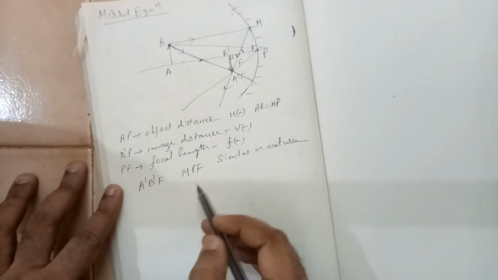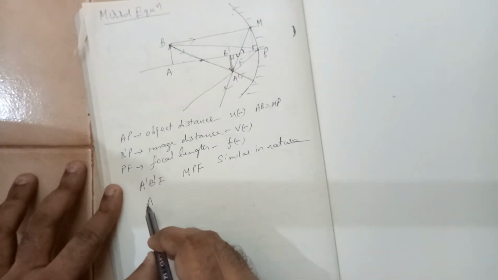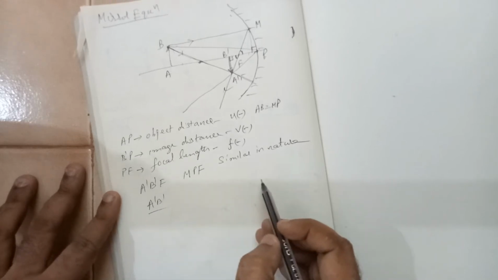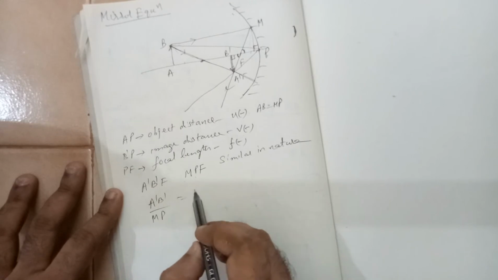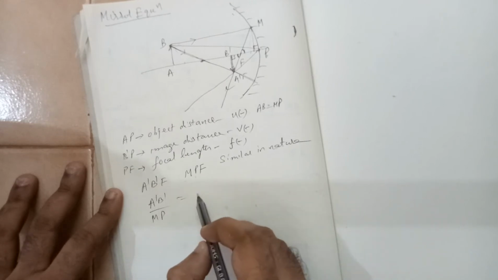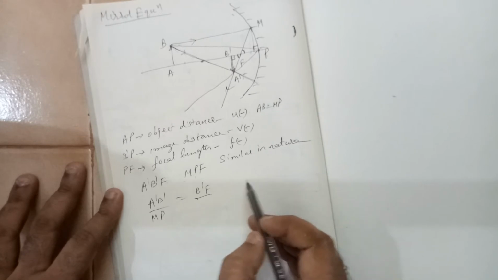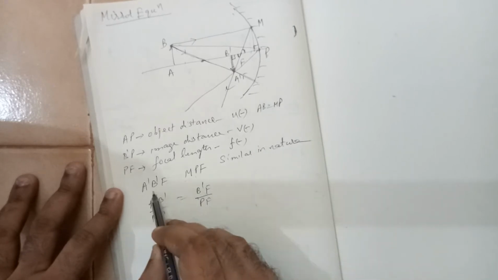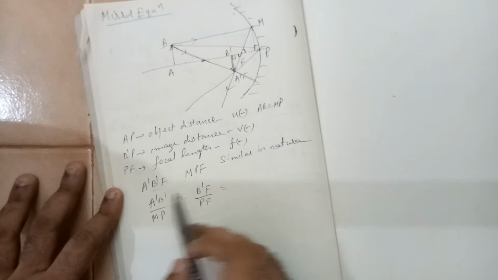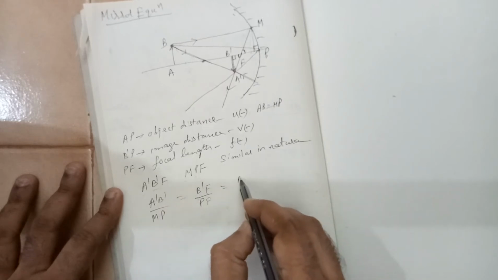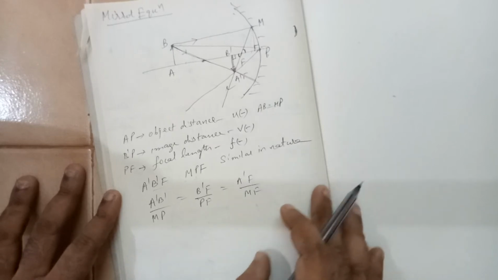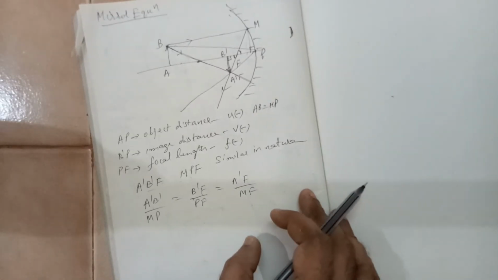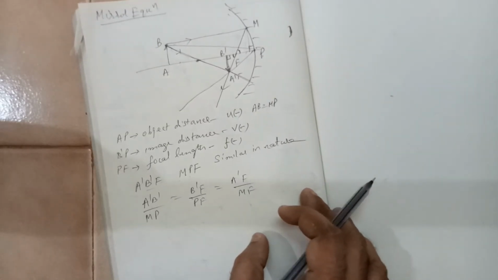So we need to take the corresponding sides. A dash B dash divided by MP is equal to B dash F divided by PF, and the third one also we can have A dash F is equal to MF. Whether we are going to use it or not, that's a different thing.